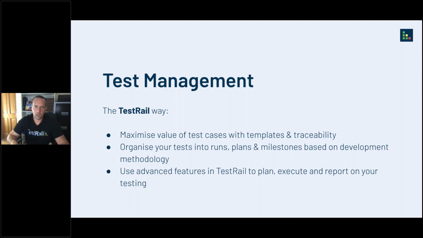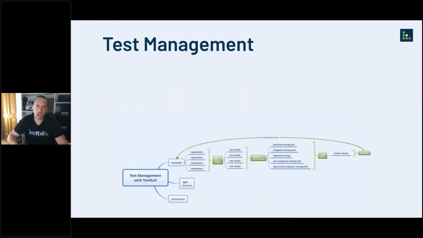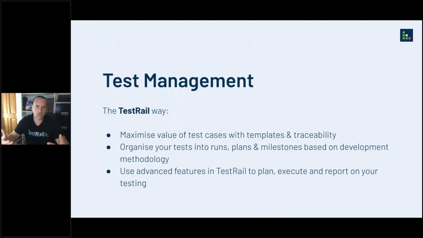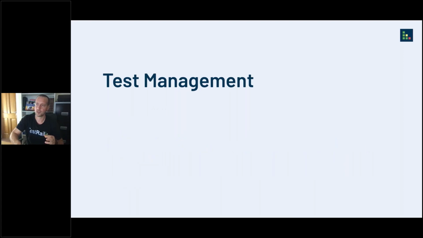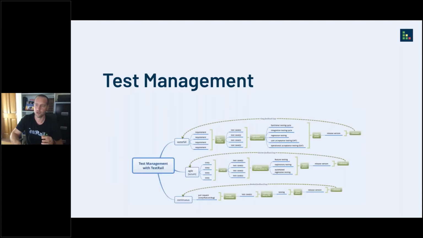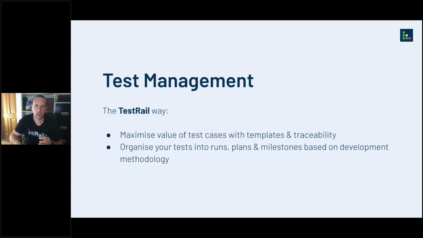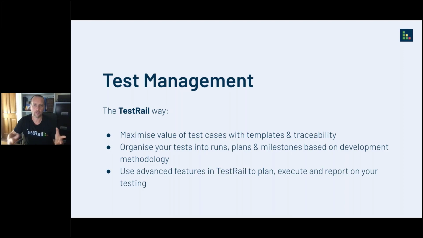So in summary, if you're using TestRail, then the organization of your testing assets is going to look broadly similar, as we saw on the previous view, because of how TestRail works to make your life as simple and easy as possible. It gives you the tools that you need to create your test cases and to manage the execution of those test cases in runs, plans, and milestones.